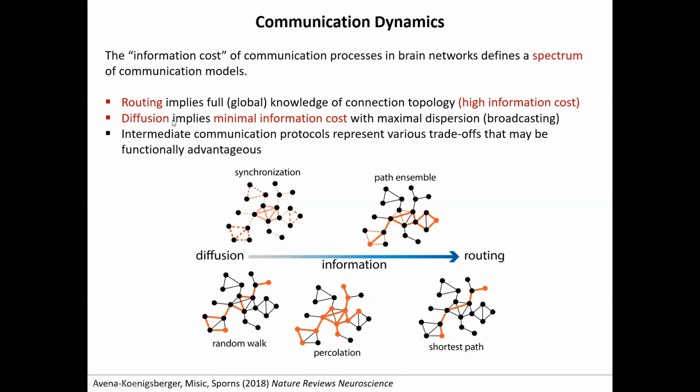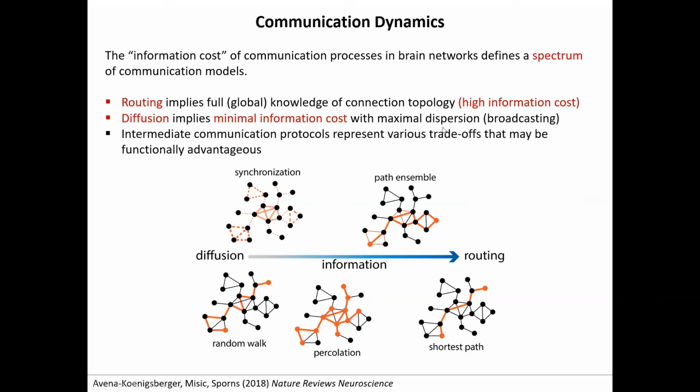Instead, an alternative would be diffusion. So each brain region sends out signals along all its outputs, period. It does not care or does not know where those signals might go. That's diffusion or a random walk model. The information cost is minimal. In fact, the brain does not need to know anything about its own topology to do this.